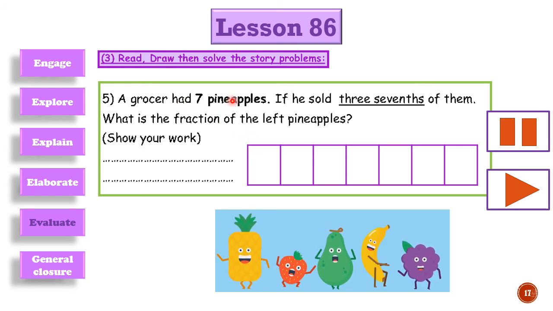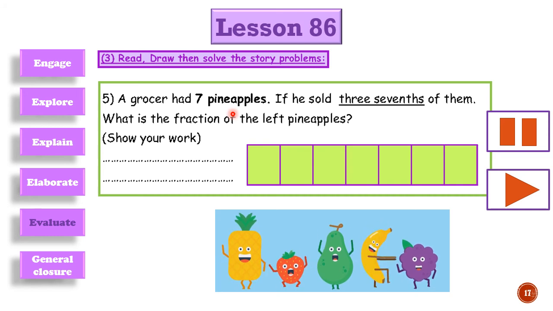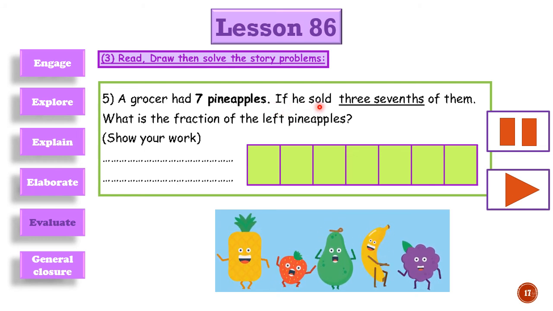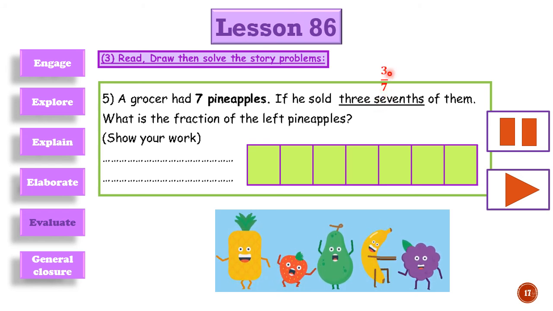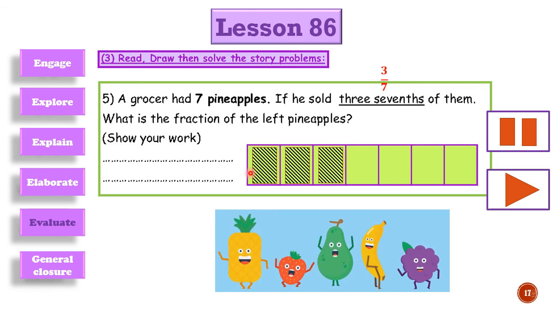And we have already 7 pineapples, then we will color all of them in yellow, green, as you know. Okay, now let's continue reading. If he sold 3/7 of them, 3/7 means, yes, 3 over 7, 3 out of 7. 3 in the numerator, 7 in the denominator. Now let's shade 3/7, 3 parts out of 7, like this.